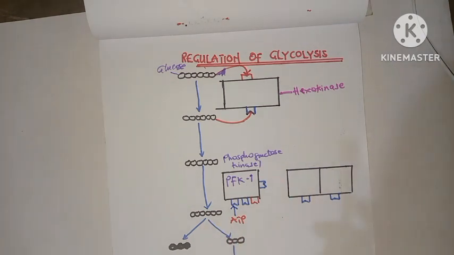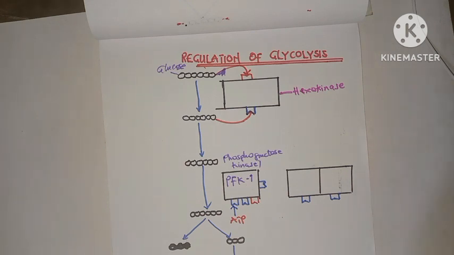Another thing that can also inhibit phosphofructose kinase 1 is the Krebs cycle intermediate known as citrate. A lot of citrate means there is a lot of Krebs cycle activity leading to the formation of a lot of ATPs. But we don't need too much ATP.